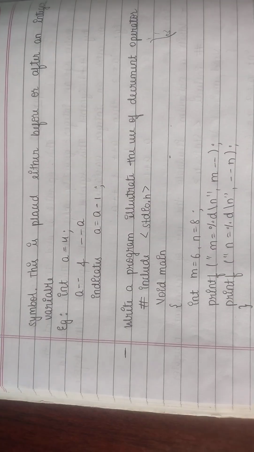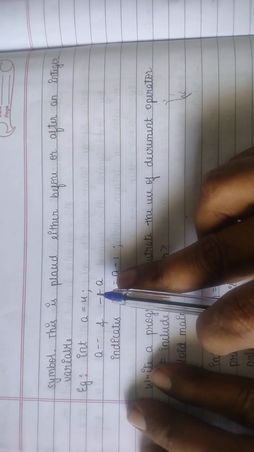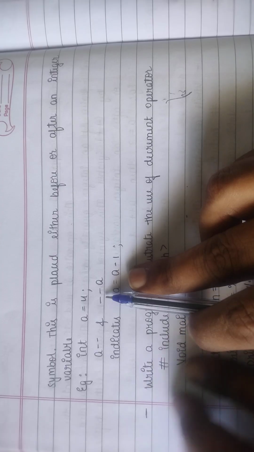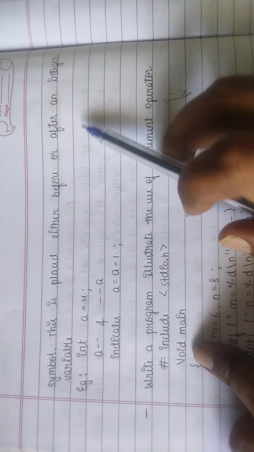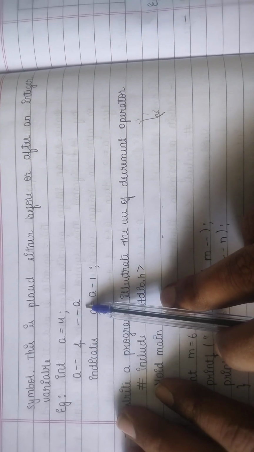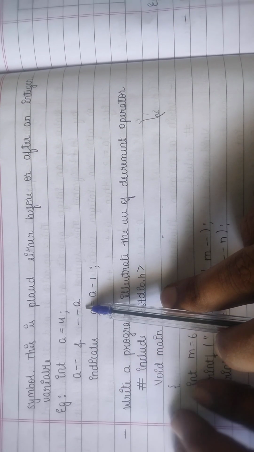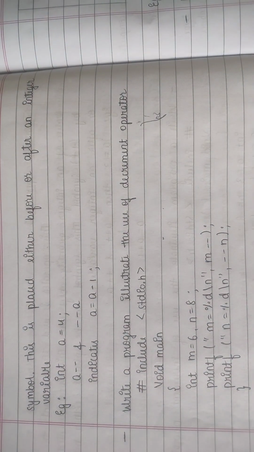That is called a decrement operator. This symbol can be placed either before or after, the same. Now int a, for a minus minus or minus minus a, and this can be denoted as a equals a minus 1.